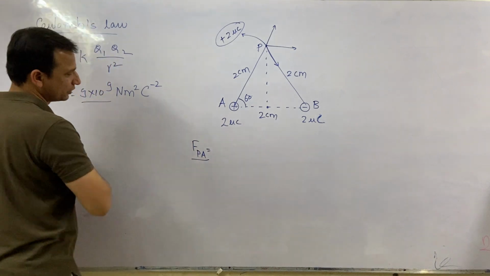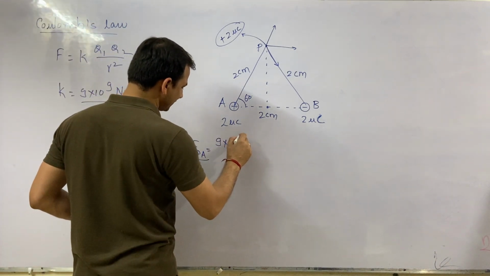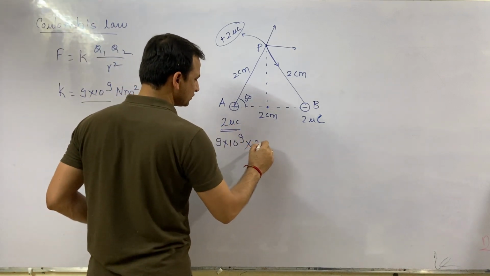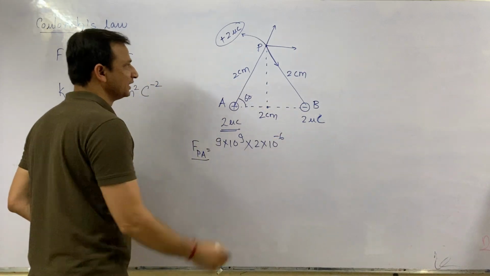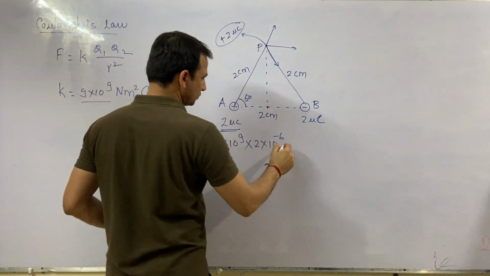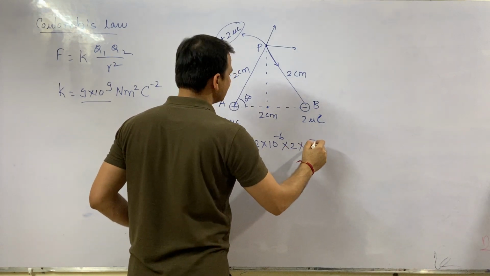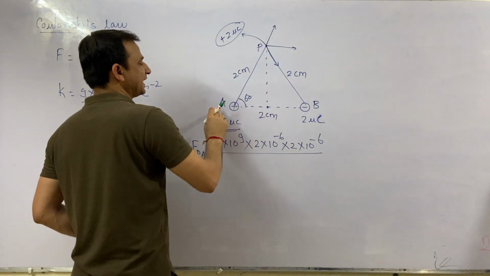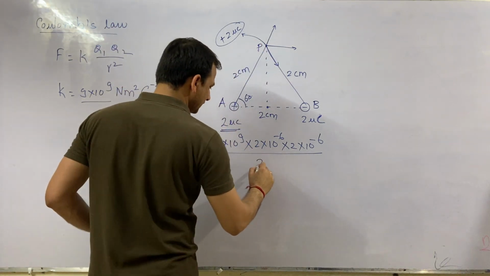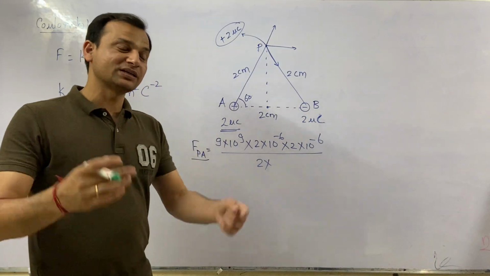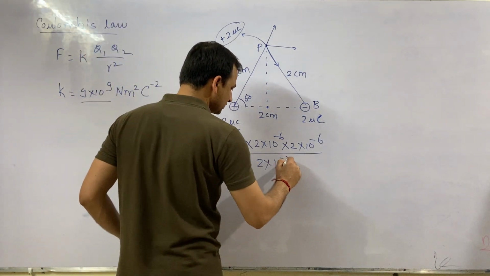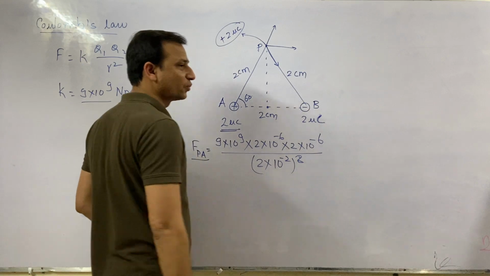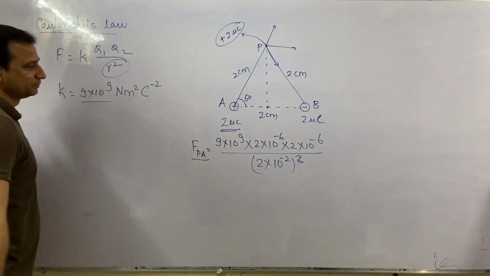K is 9 into 10 power 9, and I'm not writing units. 2 microcoulomb means 2 into 10 power minus 6 coulomb, and here also 2 into 10 power minus 6 coulomb, divided by the distance between A and P, which is 2 centimeter. I will convert centimeter into meter, so it becomes 2 into 10 power minus 2 square, because the distance is squared in Coulomb's law.